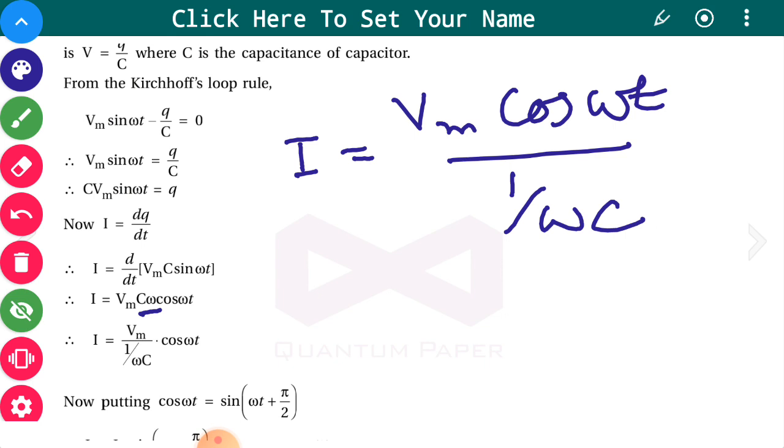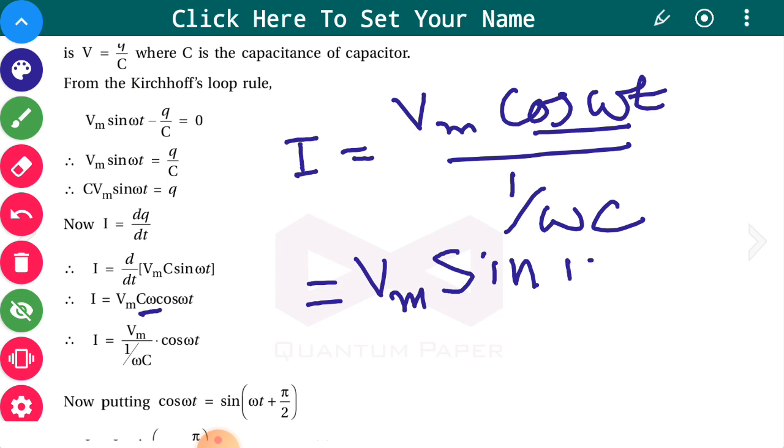So it is written in a different way only, and instead of cos omega t, it is written as Vm sin pi by 2 plus theta. Sin pi by 2 plus theta is cos theta, so it is written in a sine function, pi by 2 plus theta.